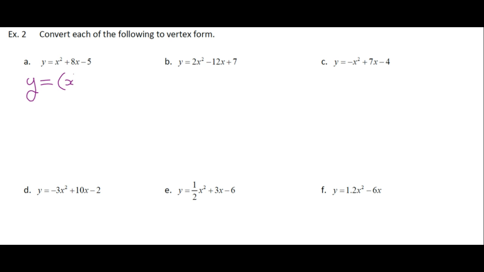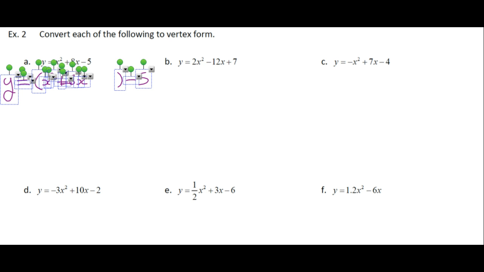Okay, so here's what we're going to do. We put down a set of brackets. So I'm going to write it like this, and I'm going to leave a blank at the end.